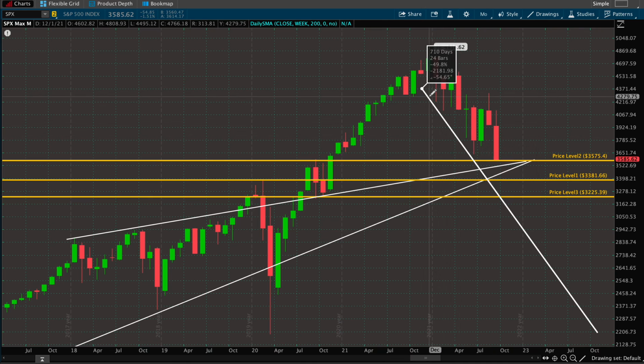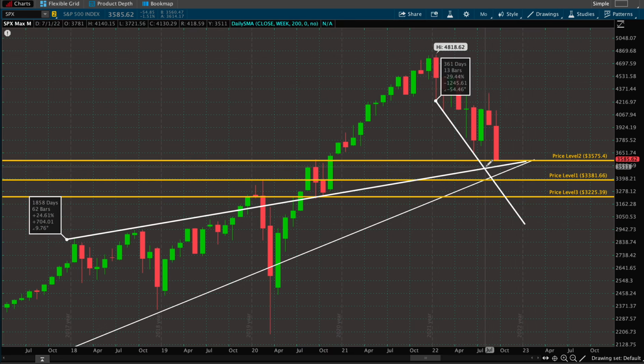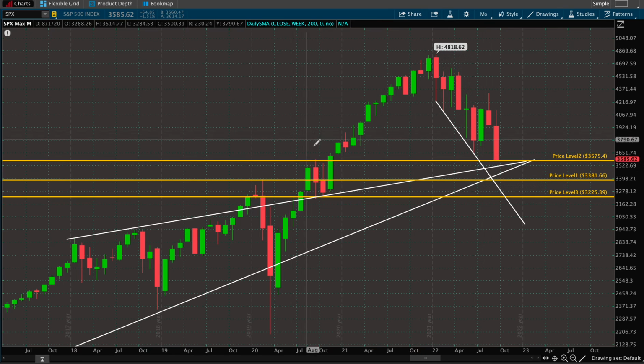I'm not that good at this trend line, so let's try to get a better trend line here. Draw all the bottoms. And this is a monthly chart. Drawing that bottom, you can see it's crossing that trend line around there. So I see somewhere close by very good topping tails.